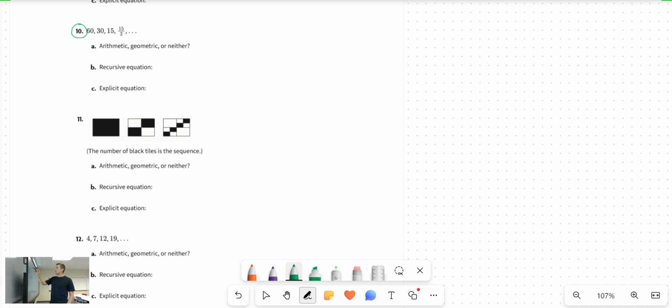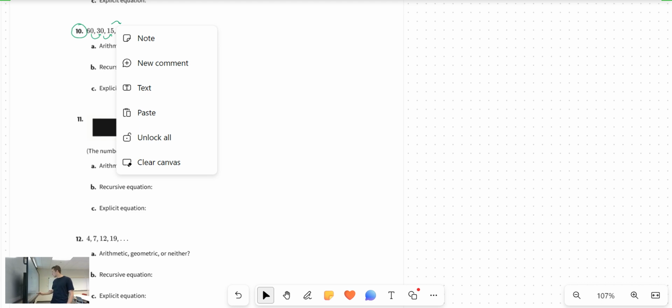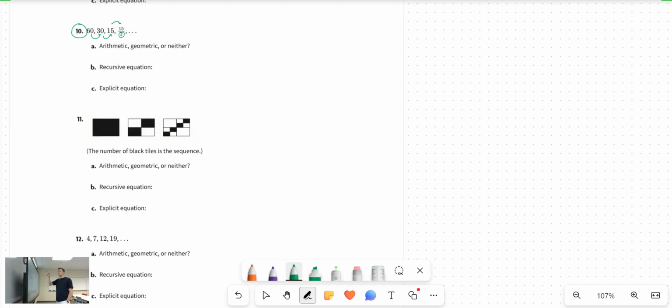One is that I know that like 60 to 30 is cut in half, 30 to 15 is cut in half, but I also see that this 15 to 15 over 2, I mean, that 2 in the denominator and the same numerator just absolutely jumps out at me as being, oh, that is cutting in half. Right, that has to be dividing by 2, multiplying by 1/2. So if it's that, right, same multiply by 0.5, we know that's going to be geometric.